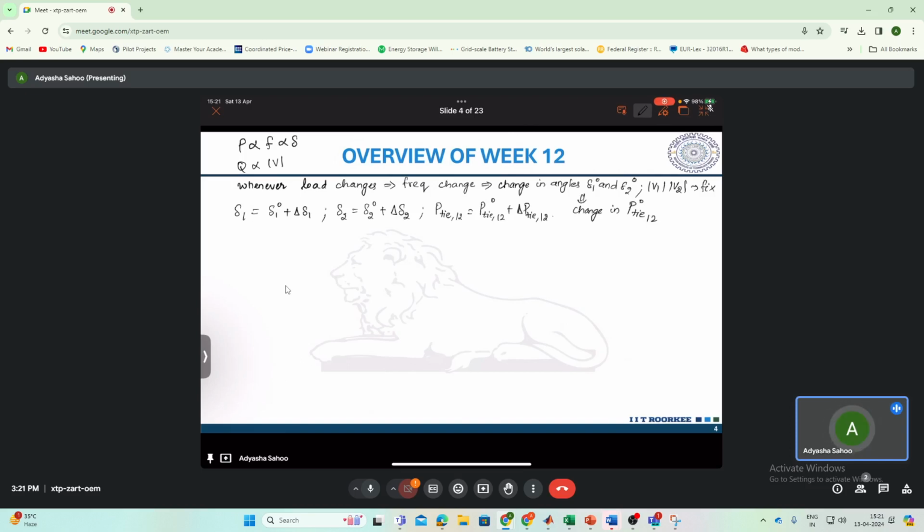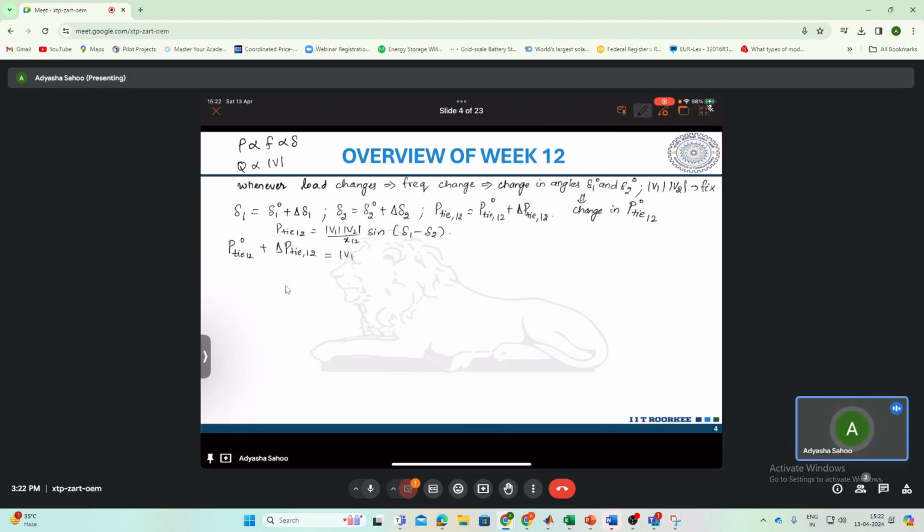So again, if I write that, instead of naught I have this total P tie 12. What will it be? Basically P tie 12 is V1 V2 by X12 sine of this new angle delta 1 minus new angle delta 2. So we'll substitute these values.